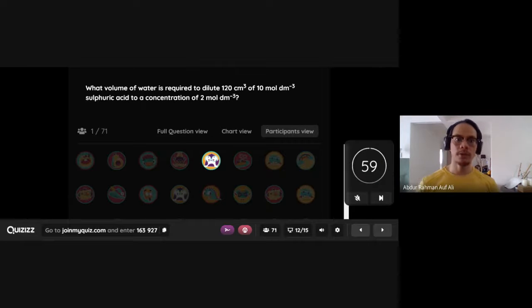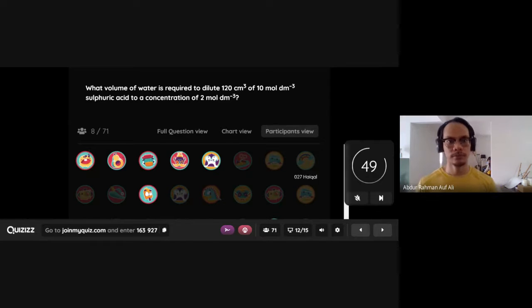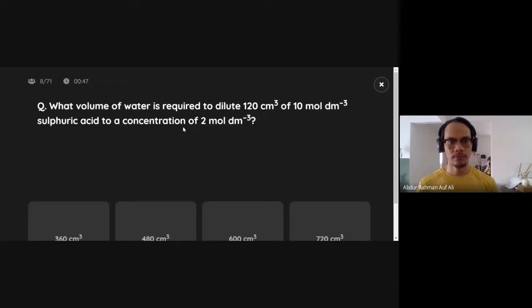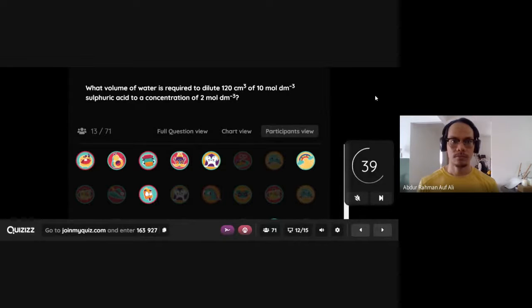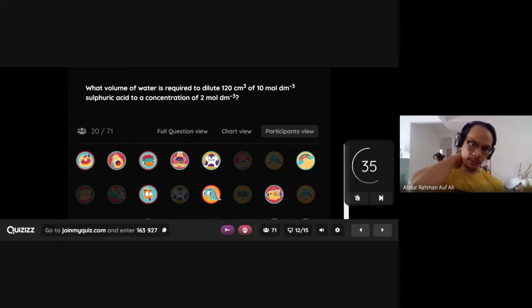Next question, what volume of water is required to dilute? Okay, this is the kind of question yang saya thought akan ada. So kamu kena calculate the amount of volume. So the tip is guna titration equation M1 V1 equals to M2 V2.